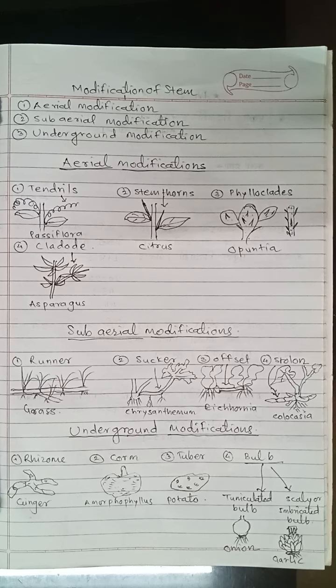A horizontal, short, more or less thickened, prostrate branch producing at the apex a tuft of leaves above the ground and a cluster of small roots below, especially in hydrophytes. Example, Pistia, Eichhornia and Salvinia.